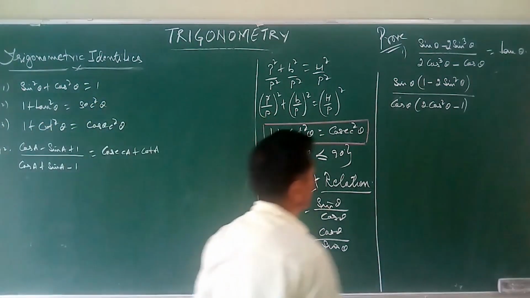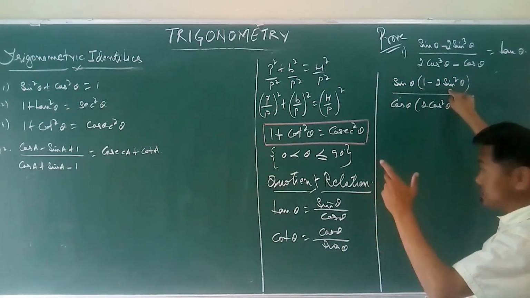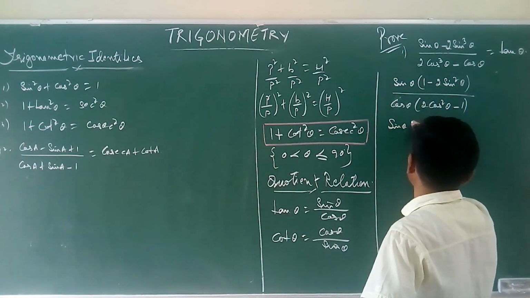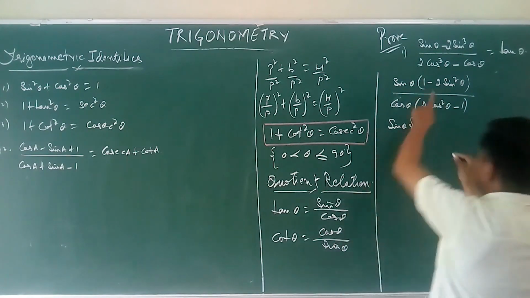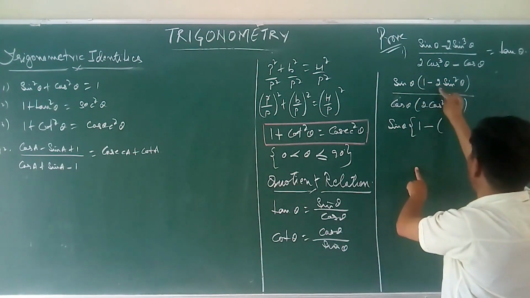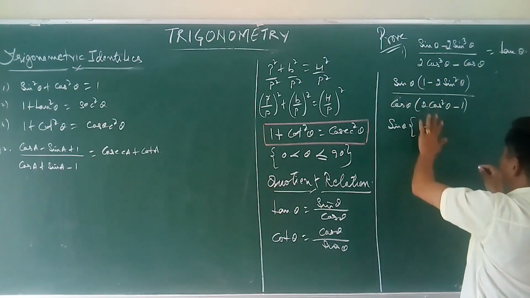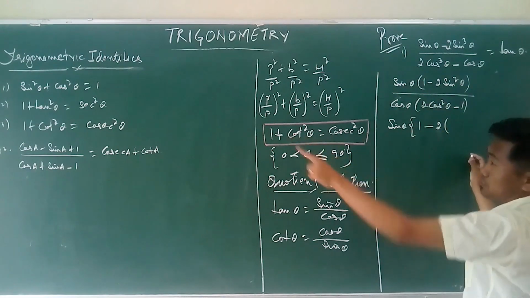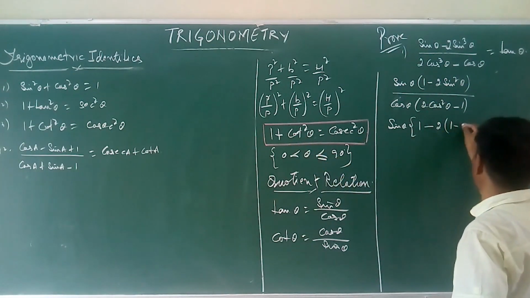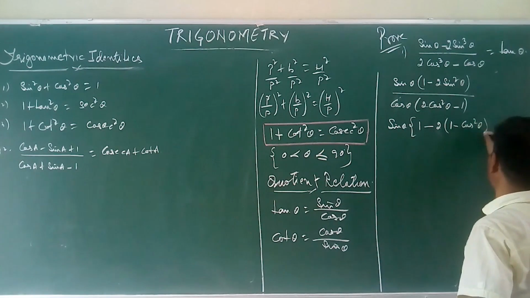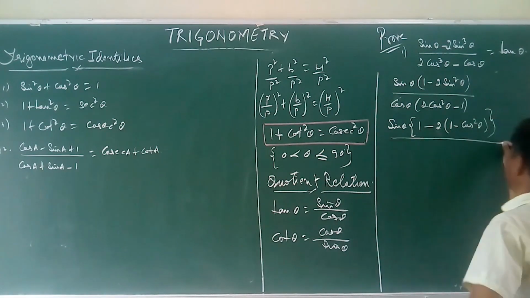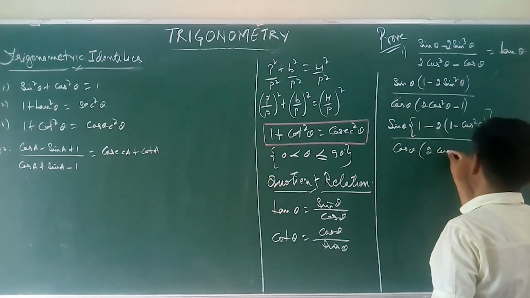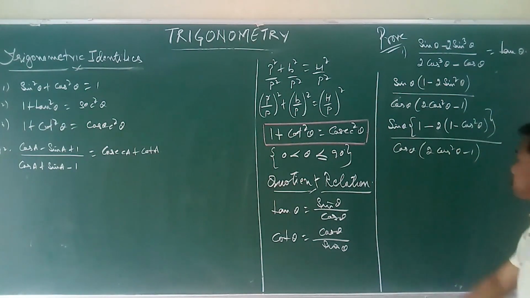So convert the sine square theta. Now this is sine of theta times 1 minus 2 times 1 minus cos square of theta, divided by cos of theta times 2 cos square theta minus 1.